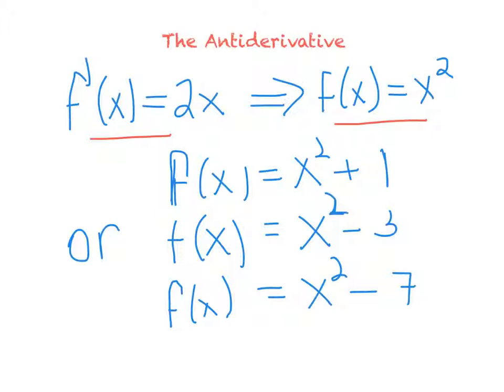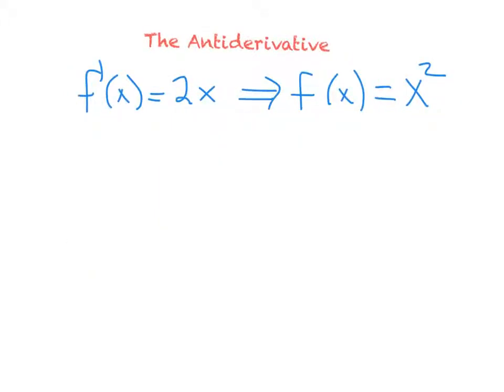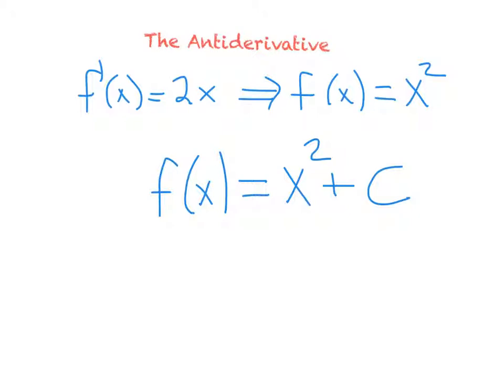So let's explain how we are going to write this. All functions of the form x squared plus c are the antiderivative of the function whose derivative is 2x.